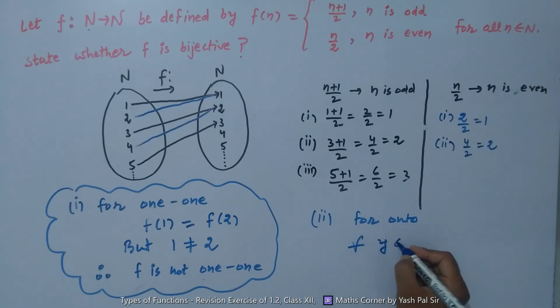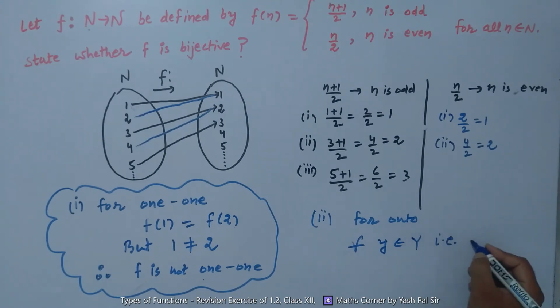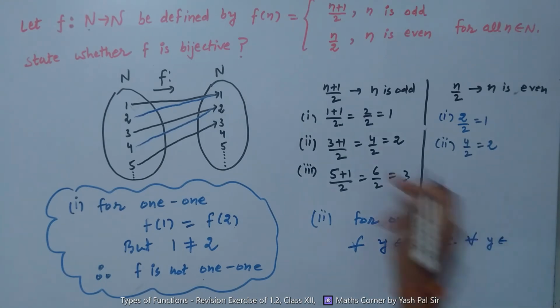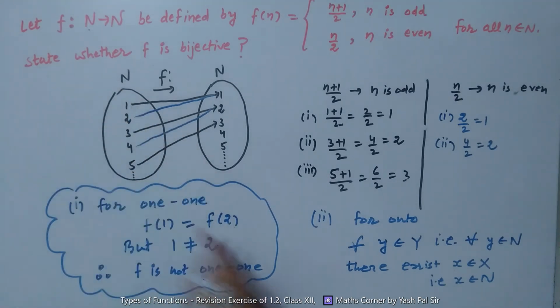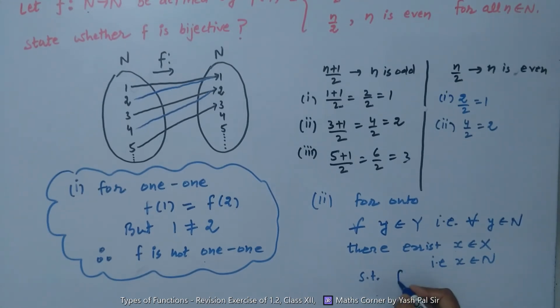Similarly, for every element y which belongs to this set N, there exists x which belongs to capital X, such that f of x is equal to y.